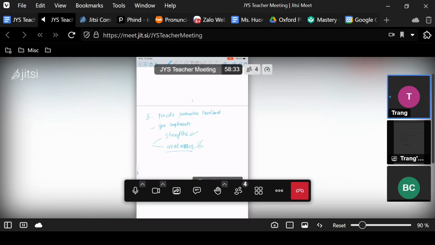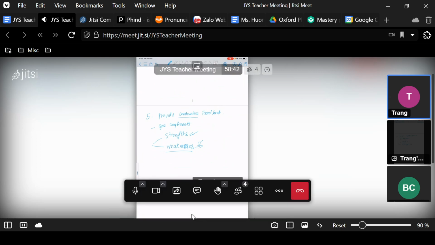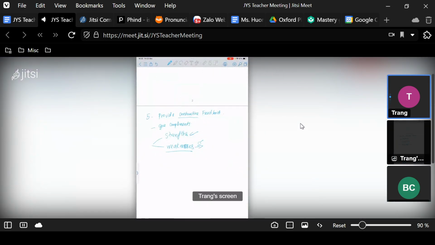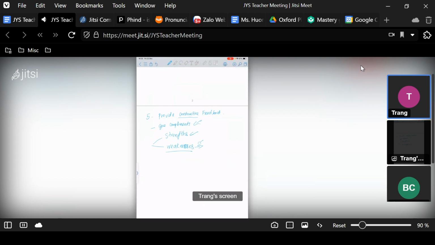Yeah, I understand the question. You ask about how to give constructive feedback. The first thing you have to do is give some compliments. Their strengths, we have to give some strengths to make them happy and give them the motivation to learn English.